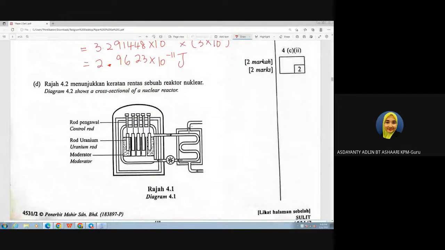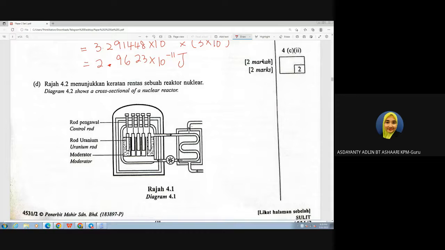Okay, next. Diagram 4.2 shows a cross-sectional of a nuclear reactor. Okay, so in nuclear reactor, we have to remember what is the function of the control rod, uranium rod and moderator.